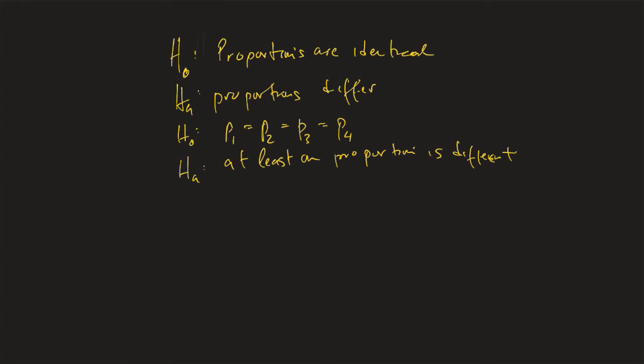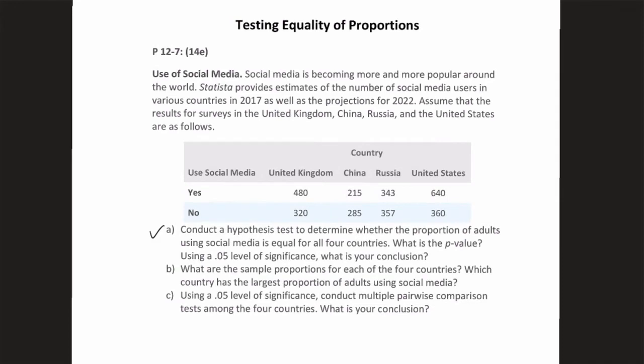The next step is to actually come up with the test statistic. So step 2. The test statistic is a chi-squared distribution. And if we look at the problem again, we will see that the data that we have is obtained from counting.